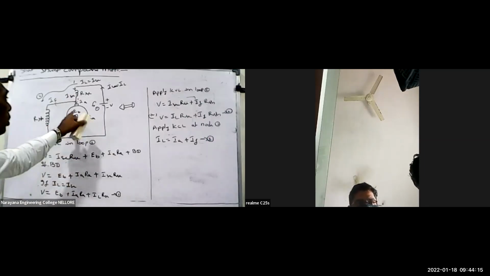Okay, so for convenience, I have to redraw this diagram. If you have any doubt, I will modify this diagram. One side is the supply voltage, and in the middle we consider the supply voltage. One side is the series field winding as well as the motor.